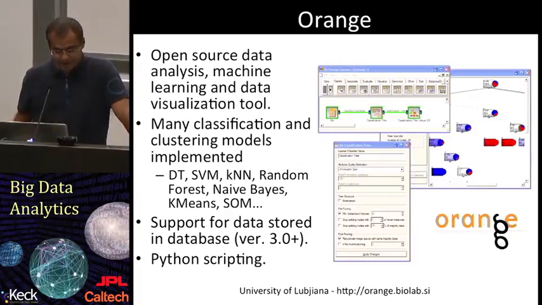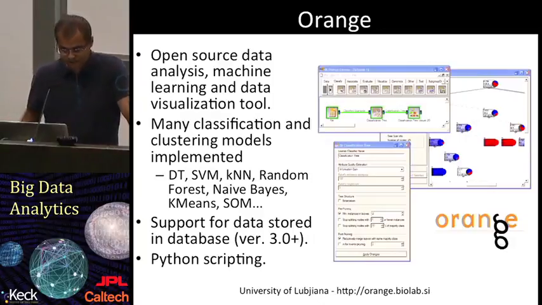It has many classification and clustering models, a pretty intuitive interface with widgets and drag and drop abilities, and can also be scripted in Python. So you can add functionality by yourself to this tool. And the newest version also supports data stored in a database.